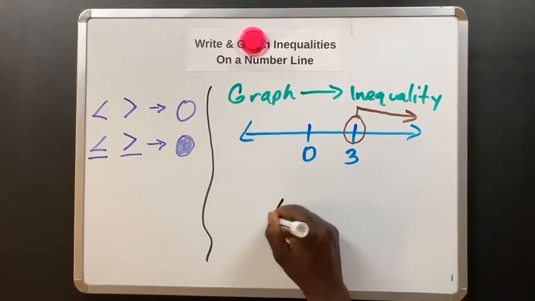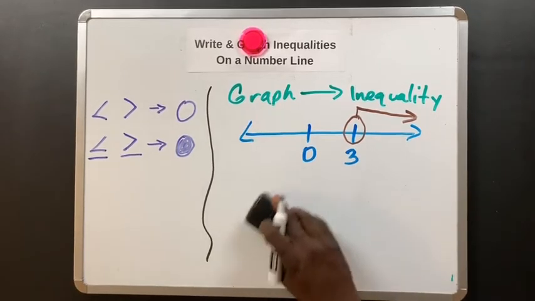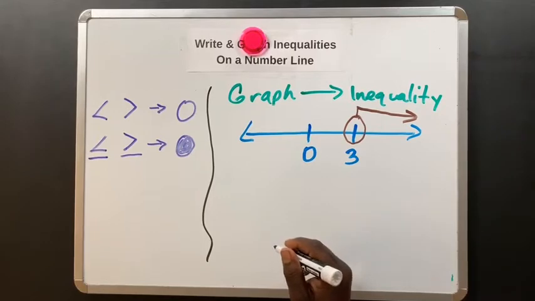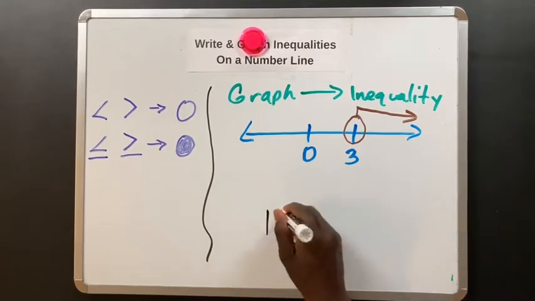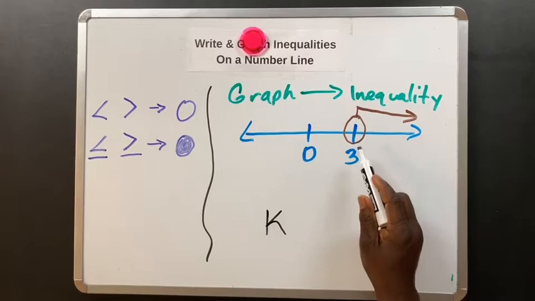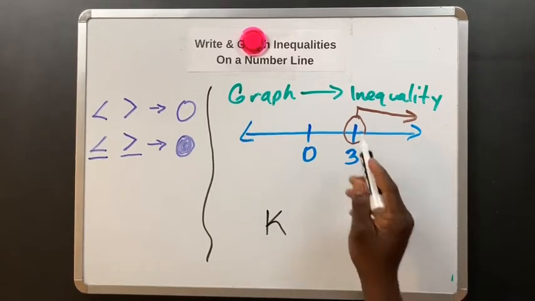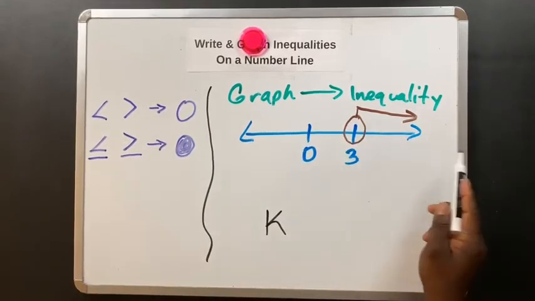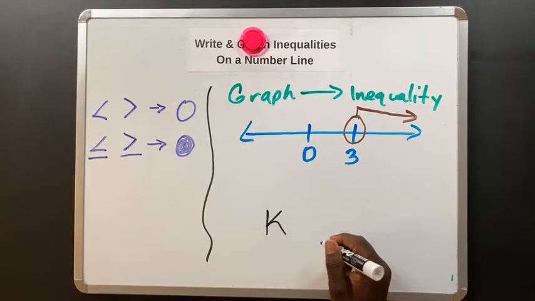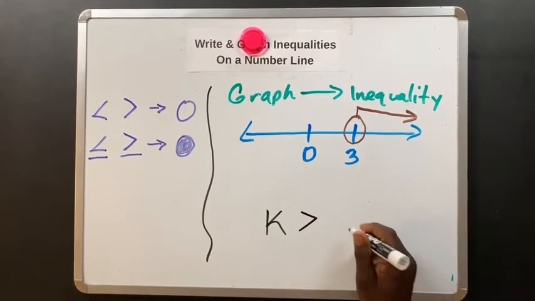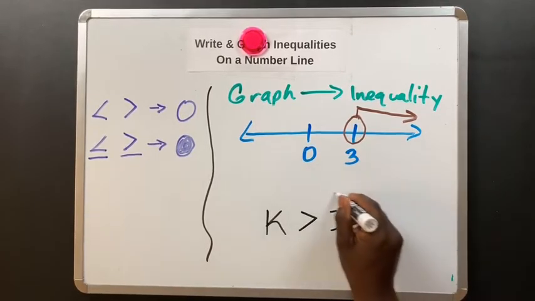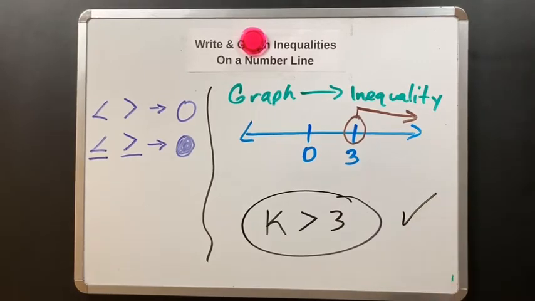All values of, what's your favorite letter? K, okay. All values of k. Now look at that. It's an open circle, so it's one of these symbols, and it's going to the right, so it's greater than 3. The solution is all values of k greater than 3. This is an inequality sentence, and that's the answer.